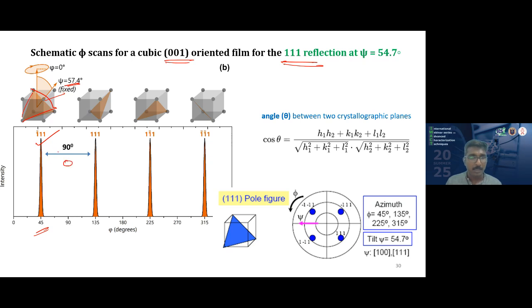Then by rotating 90 degree in the phi direction, in the anti-clockwise direction, we will get another 111 family member at 135 degree. Then again by rotating 90 degree, we will get another family member, 1 bar 1 1. We will get another intense peak at 225 degree.